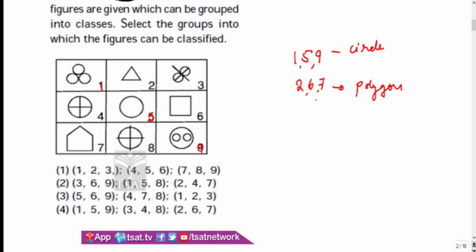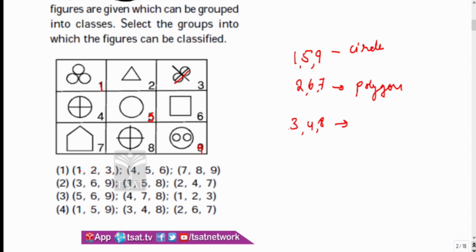What is the character for 3, 4 and 8? You need to look at this. In 3, there are circles as well as lines. In 4 also there is a circle as well as 2 lines. In 8 also circle as well as 2 lines are given.